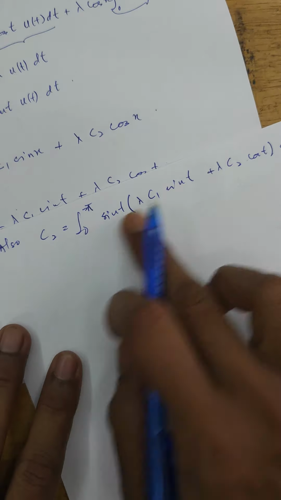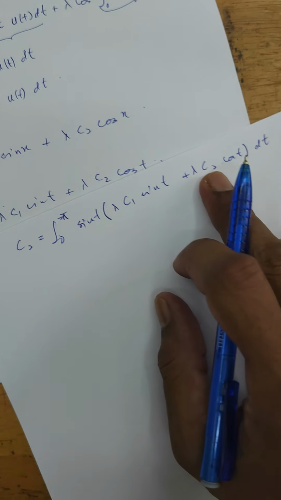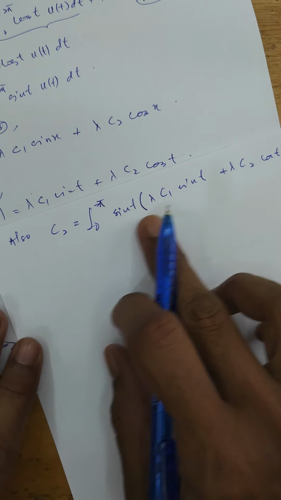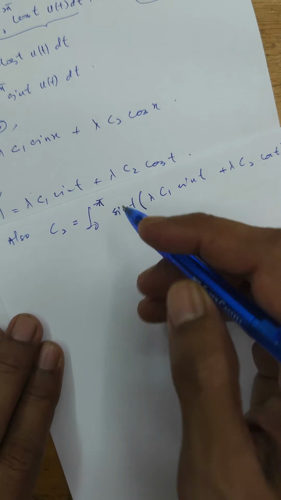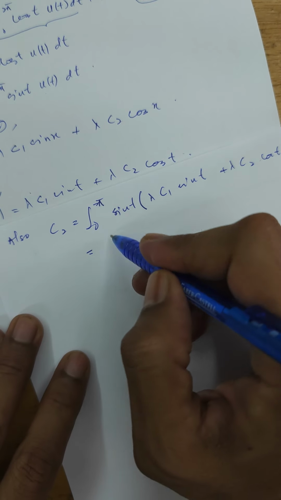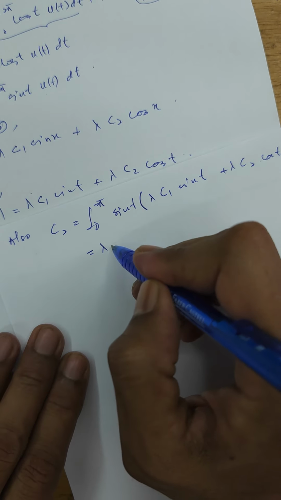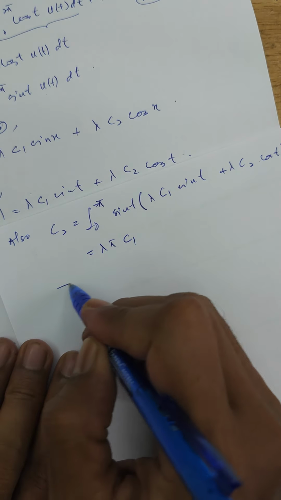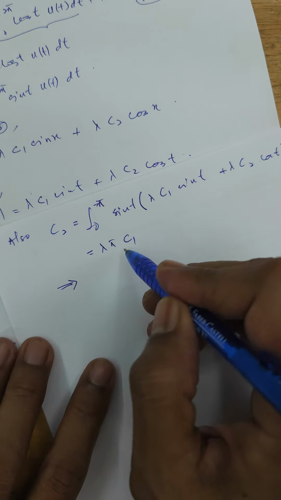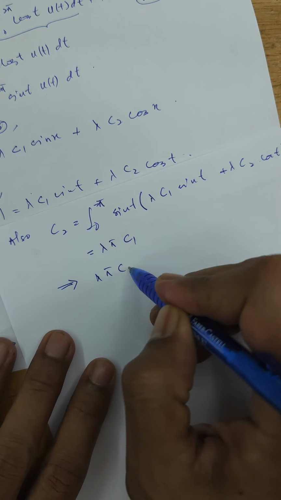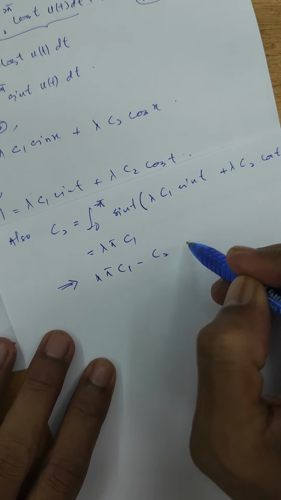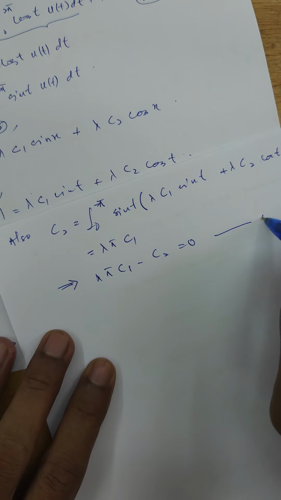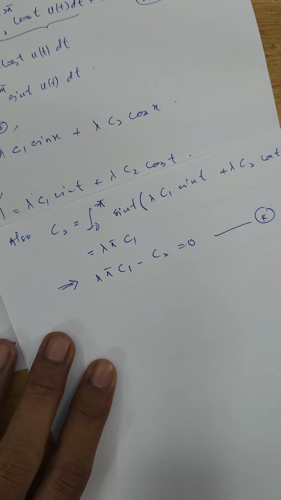Okay, and you need to solve those integrals. Then this will give you lambda pi c1. Alright, rearrange that. That will give you lambda pi c1 minus c2 equal to 0. This is equation number 4.